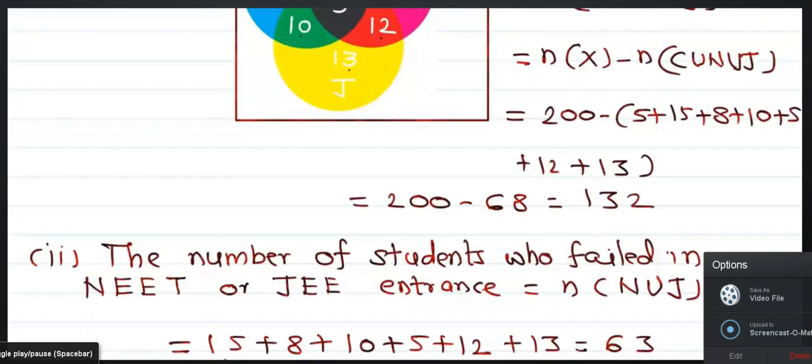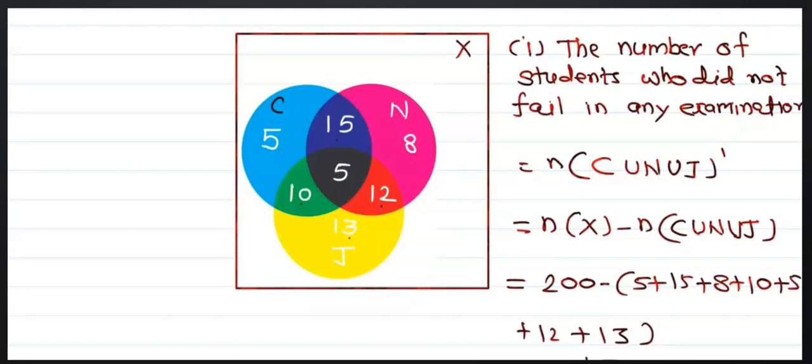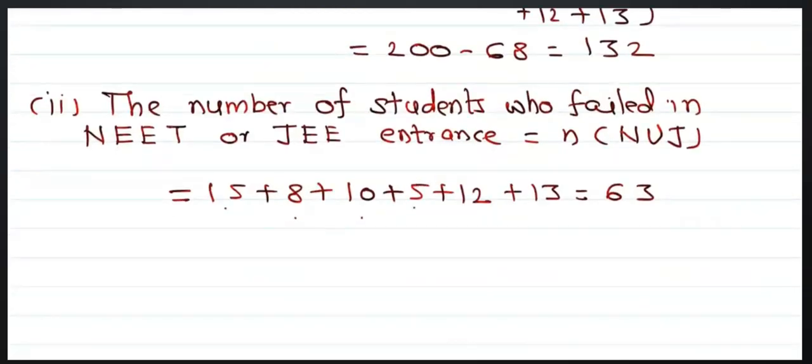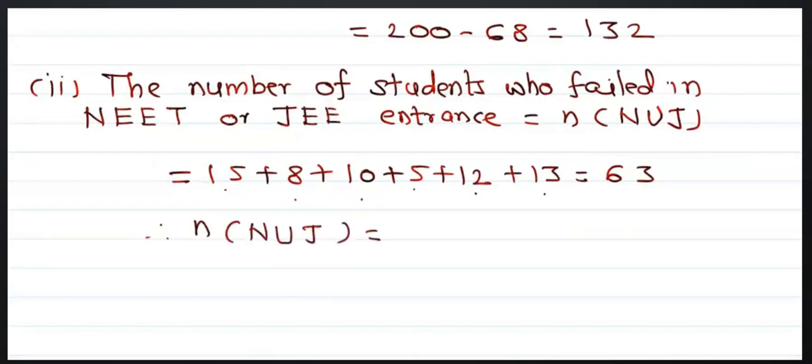That is the number who failed in NEET and JEE. Now we can see here, 15 plus 8 plus the rest, that is equal to 63.